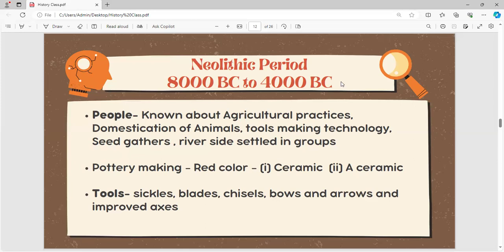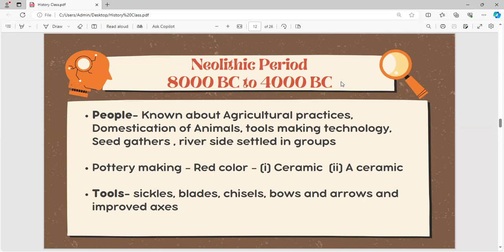They settled in groups by the riverside because of water irrigation. They also made pottery, in red color, and there were two types, ceramic and aceramic, meaning with or without pottery.